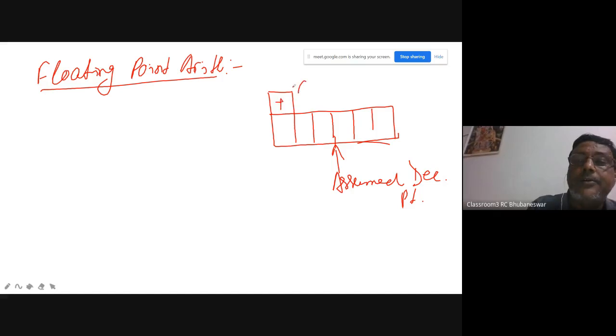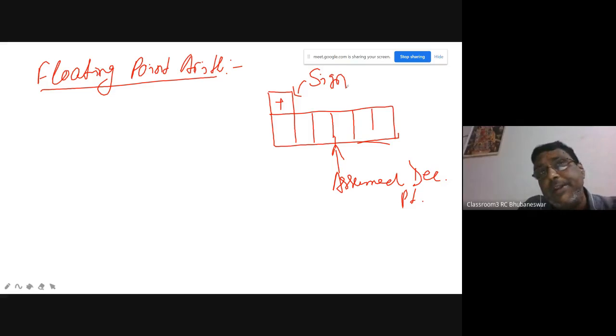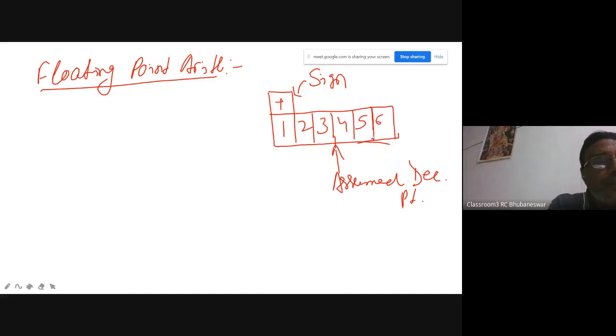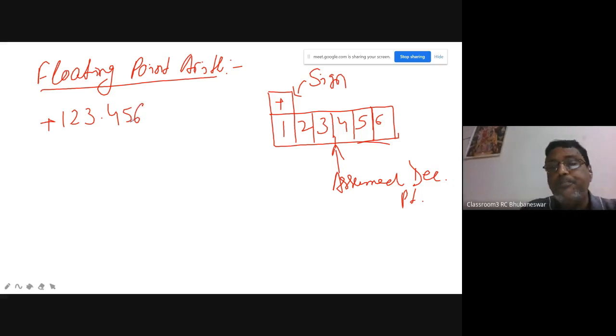Let's say this is plus, because your number is either positive or negative, right? Suppose I'll write 1, 2, 3, 4, 5, 6. So if you write this, it should be treated as plus 123.456, because my assumed decimal point is here. Understand?